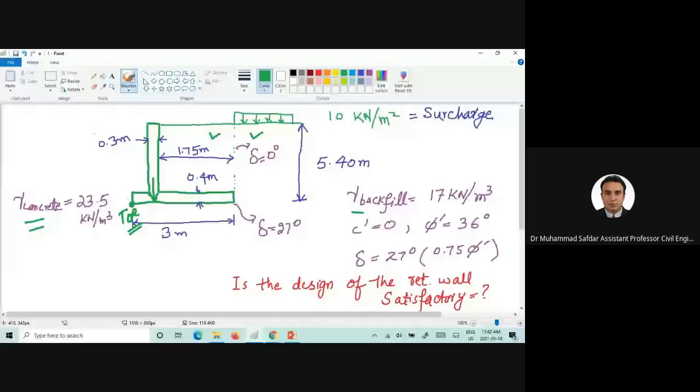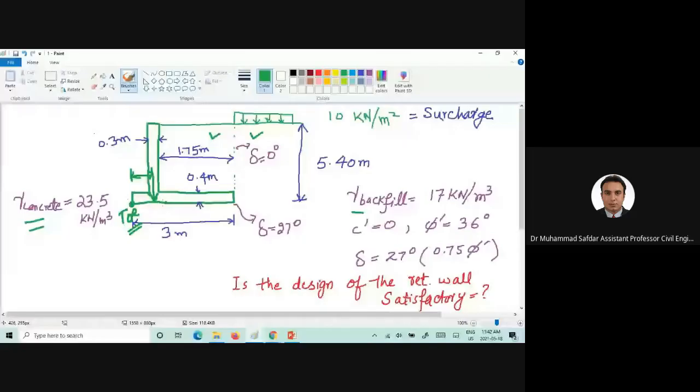We need this distance from the left side. This is the lever arm in the horizontal direction, I will use this red color. So we need this distance.